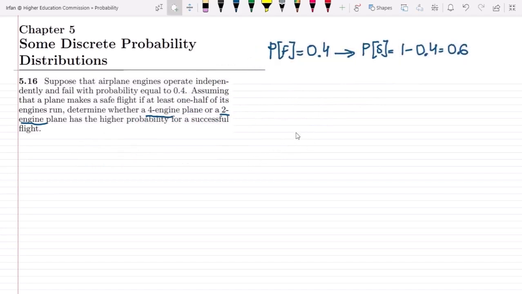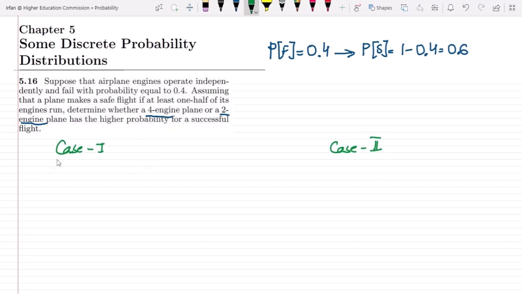Okay, so now, in order to solve it, what do we have to do? We have to keep it in two cases. We will have case 1 and case 2, and in those two cases we have to see the probability of success.